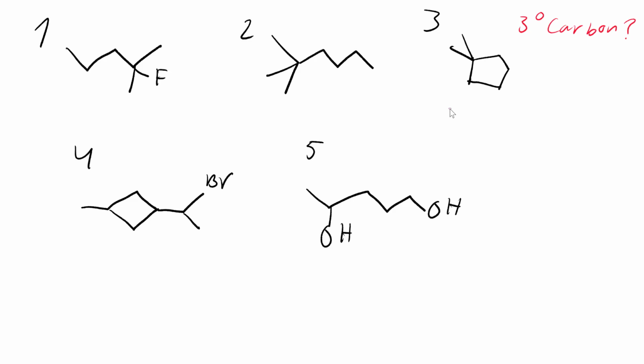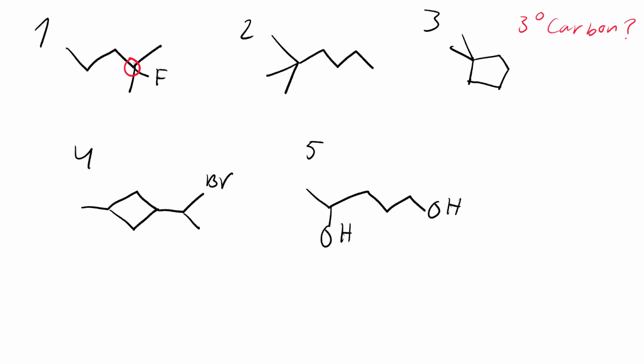Which one of these molecules has a tertiary carbon? So which carbon is attached to 3 other carbons? Well, this carbon is attached to this carbon, right? That makes it a primary carbon. And that carbon is attached to this carbon and that carbon, so that makes it a secondary carbon.